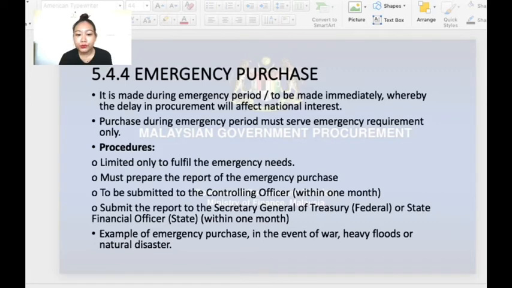So the procedures are limited only to fulfill the emergency needs, must prepare the report of the emergency purchase, and to be submitted to the controlling officer within 1 month. Submit the report to the Secretary General of Treasury, Federal or State Financial Officer for State within 1 month. Example of emergency purchase in the event of war, heavy floods, or natural disaster.